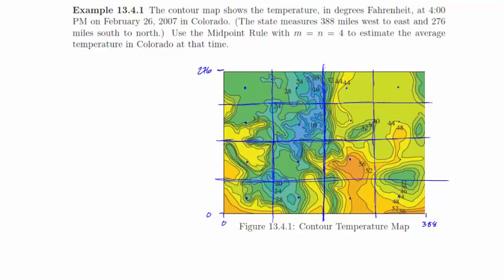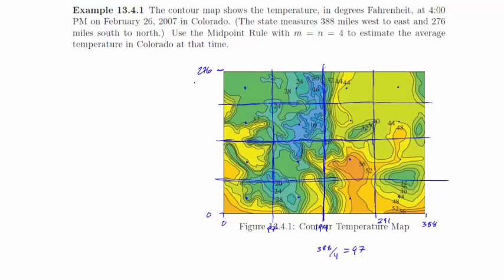We know that the width here is 388 divided by 4. This equals 97, so this is at 97, and then 194, and then at 291, and then 388.